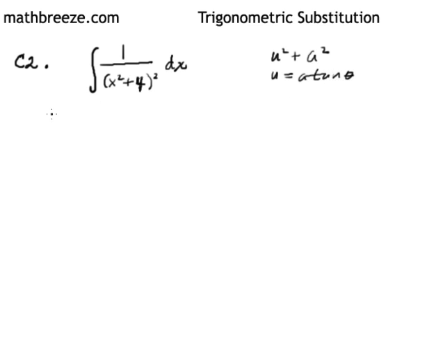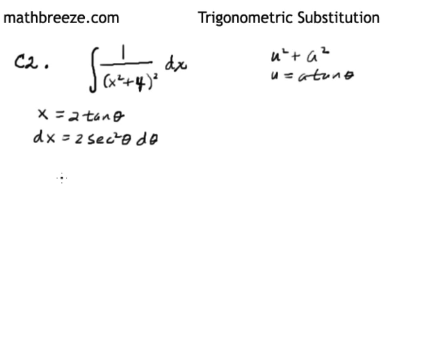All right, so in this case we have x equal to 2 tan theta. Now taking the derivative, dx is equal to 2 secant squared theta d theta. And even though we don't have a square root here, this trig substitution is useful.